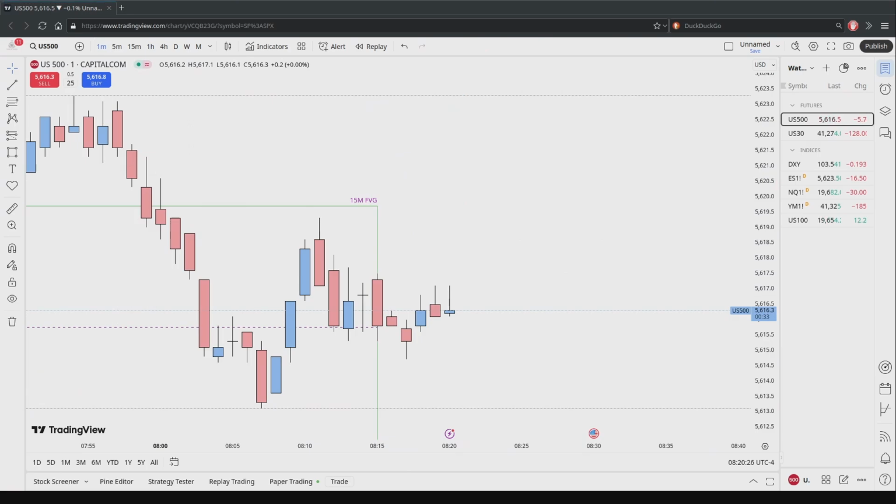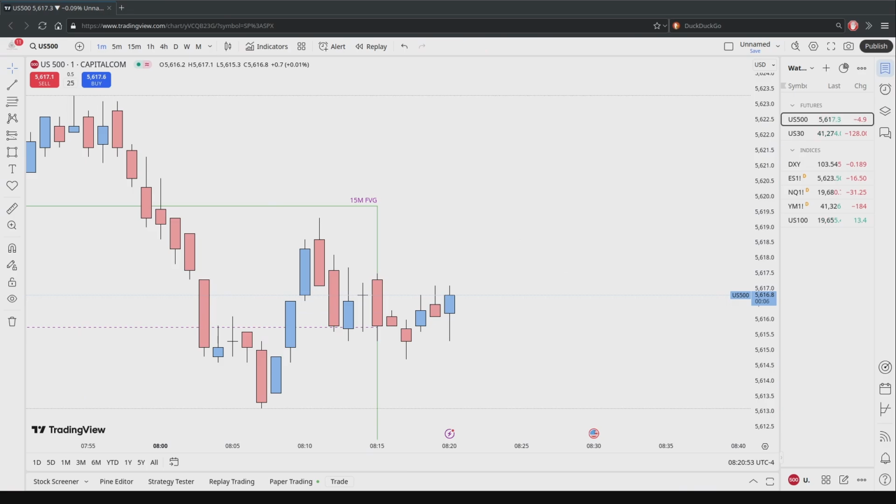Same thing on US 30. We had a 15-minute gap. You can go ahead and look at that on your own charts. And we traded through the high of the gap and immediately came back inside of it. We also had a 15-minute order block sitting.